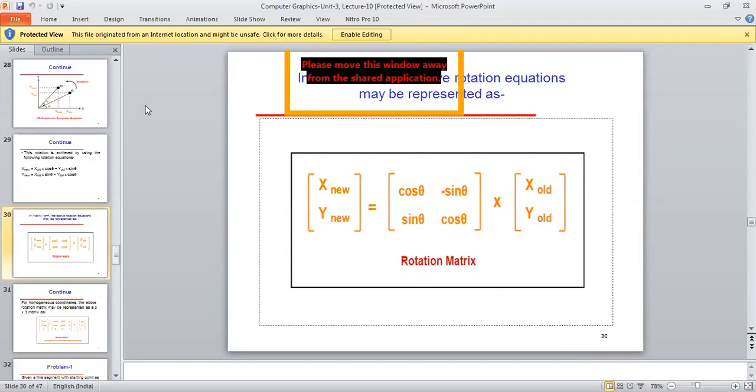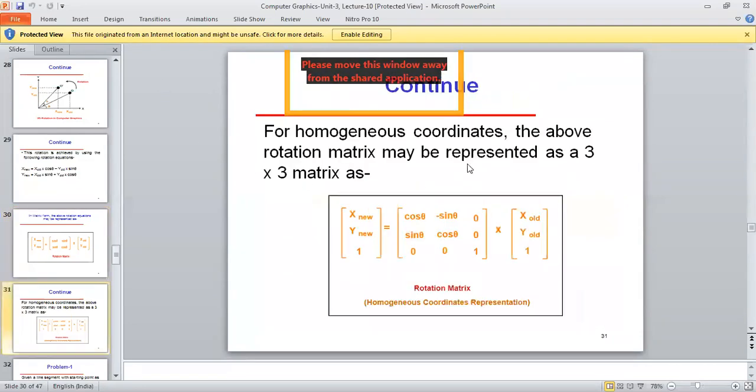But here we are using the xy plane, this is for 2D. Now this is the way we can show the matrix in the form of 3 by 3. So we calculate the new points x new, y new, 1 as: cos theta, minus sin theta, 0; sin theta, cos theta, 0; 0, 0, 1; times x old, y old, 1.